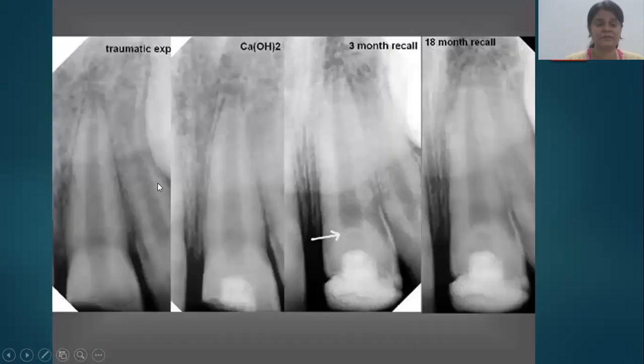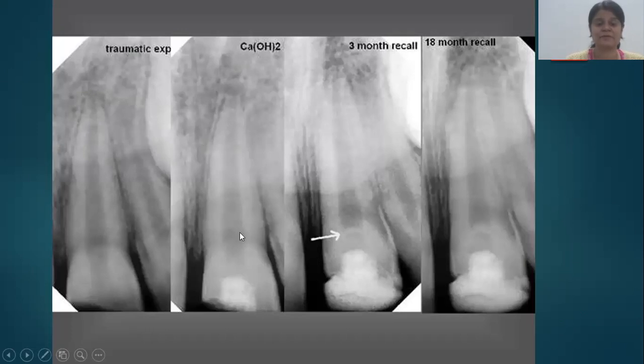So this is an example with radiographic evidence where around 18 months recall and follow-up has been done for the patient. Here we can see a fractured tooth with an open apex, and we can see the blunderbuss canal is also there, and there is no closure of the apex visible.